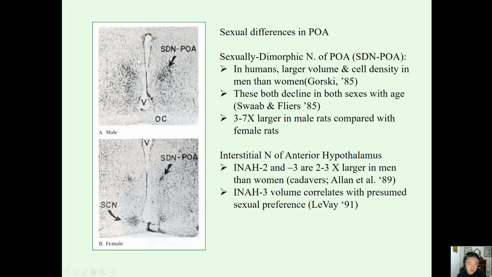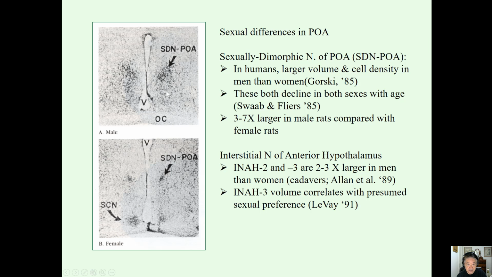Now here's a real tissue section of the human. Here is your preoptic region. Medially, you can see those cells, and here is the lateral region. In the medial region of the male subject, you can see those large cells, very densely packed, which do not exist in the female. This is the female hypothalamus.